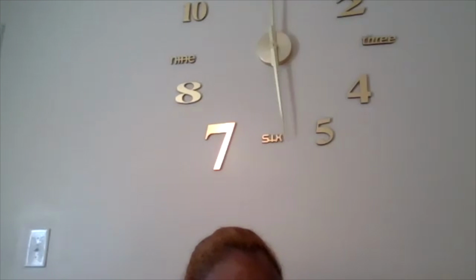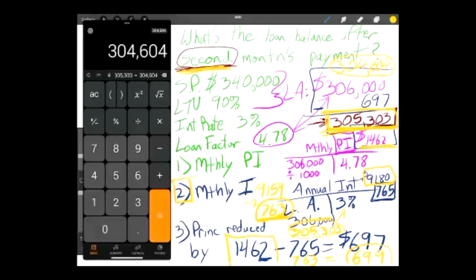Wait, where'd you get the $699 again? I'm sorry. Oh, it's okay. I know I've got things all over the place here. The $699, when we came up with our 305,303, which was the loan balance after the first month, we put that back into this formula for monthly interest down here. We multiplied it by the interest rate. That gave us this number, 91.59, which is annual interest in the second month.